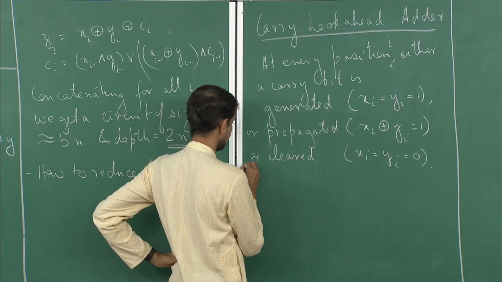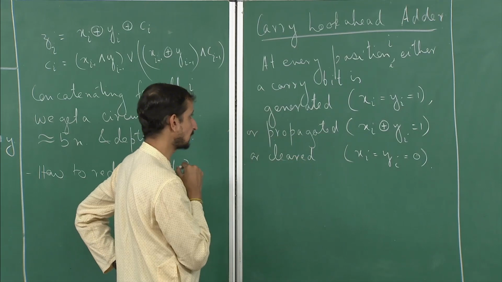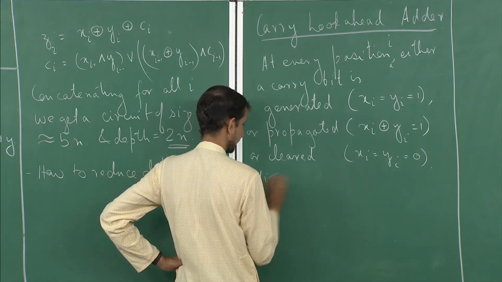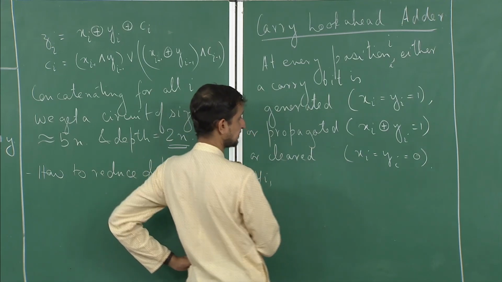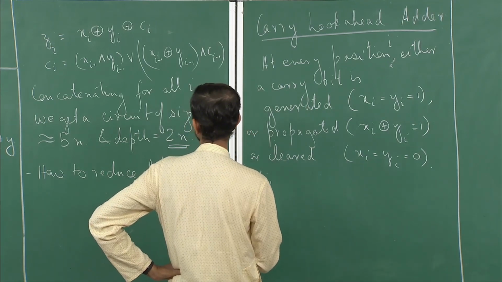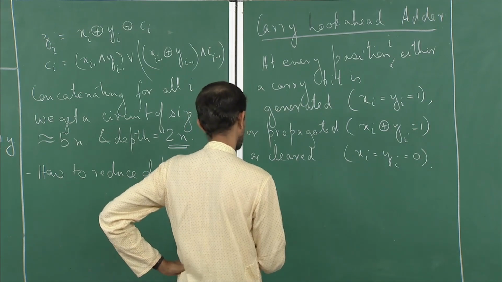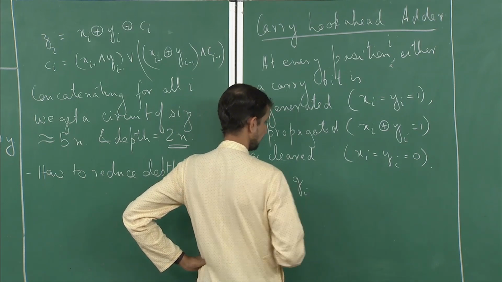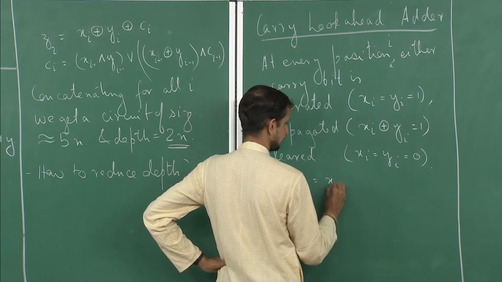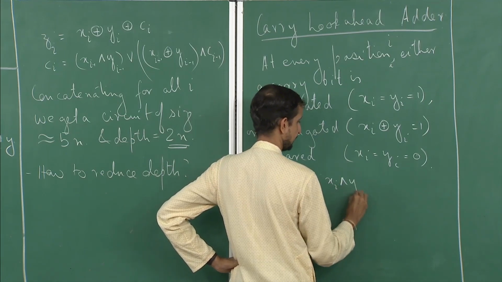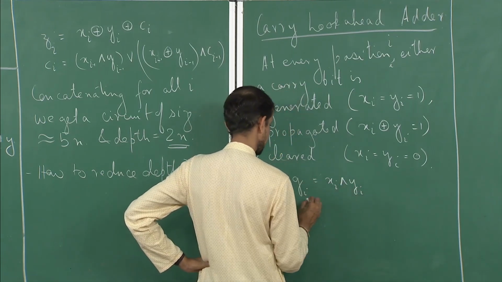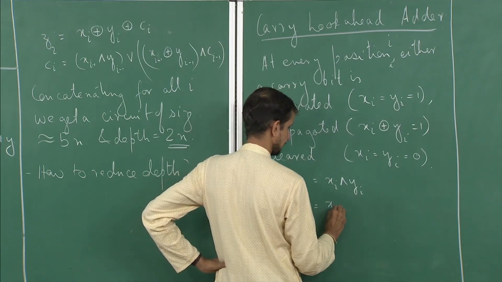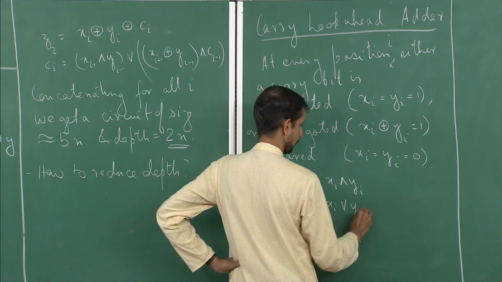So, for all i, let us define g of i as xi and yi, and we will define p of i as xi or yi.